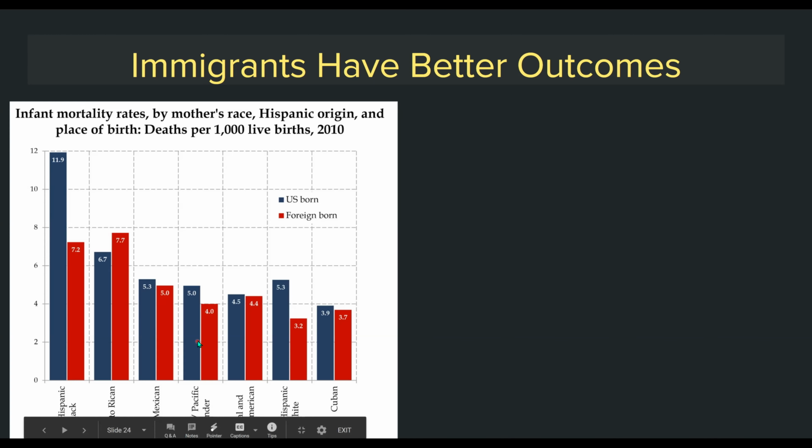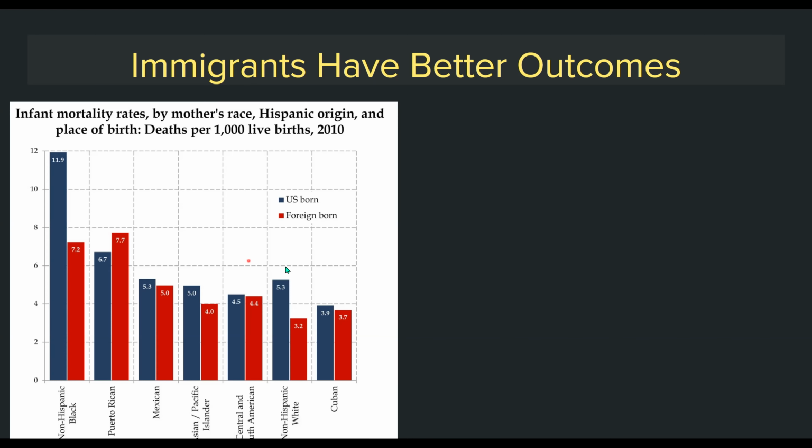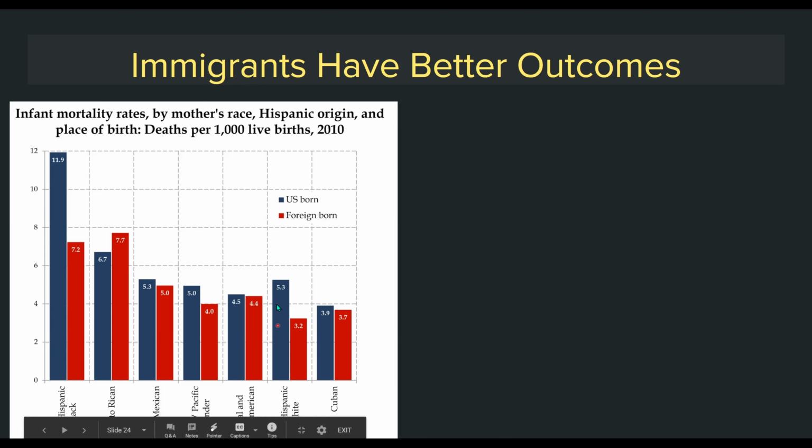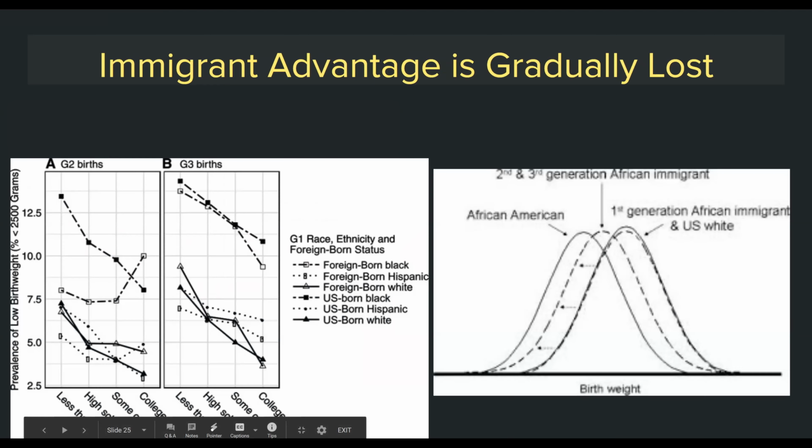Asian Pacific Islander, foreign born, lower. US born, higher. And again, it's only for the white population that it, well, no, foreign born, lower. US born, higher.